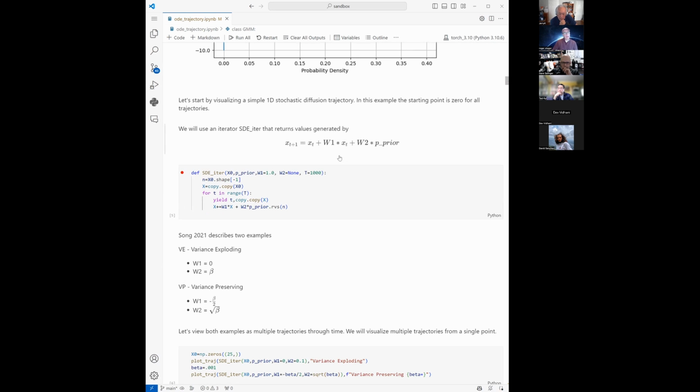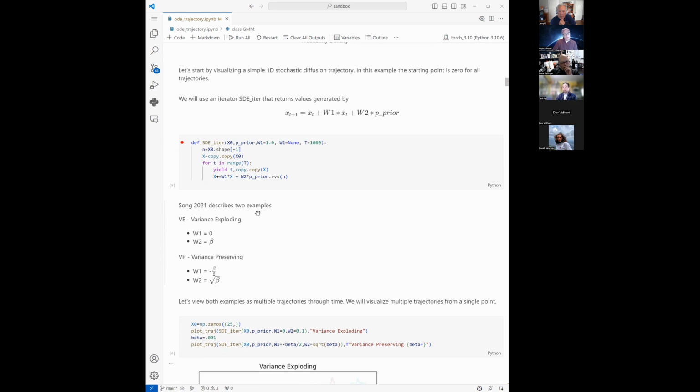So if you just add noise, which would mean you're not doing anything with existing data, then this is the code implementing this equation. It's an iterator that returns values that add some W1 times the X, W2 times the sampled noise distribution.